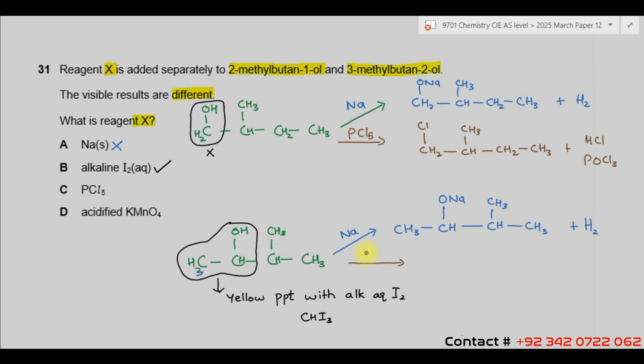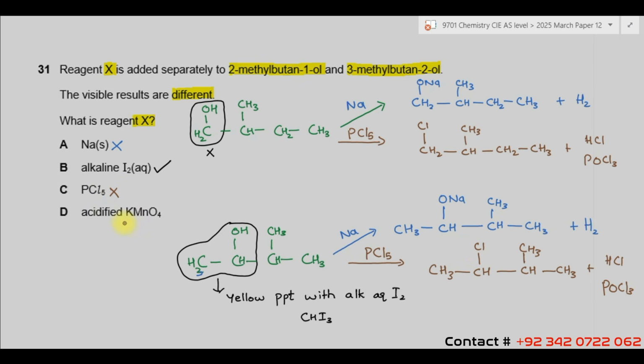For secondary alcohol, again, it will be converted into halogenoalkane. OH is going to be replaced by chlorine. Plus HCl and POCl3. So both are same reactions, there is no visible difference.